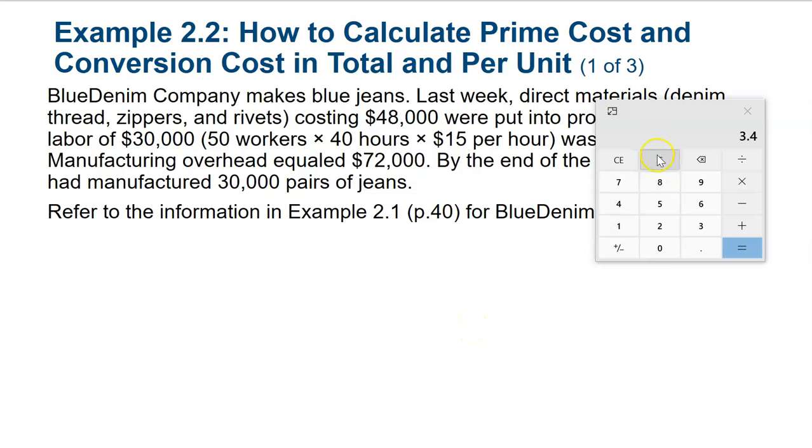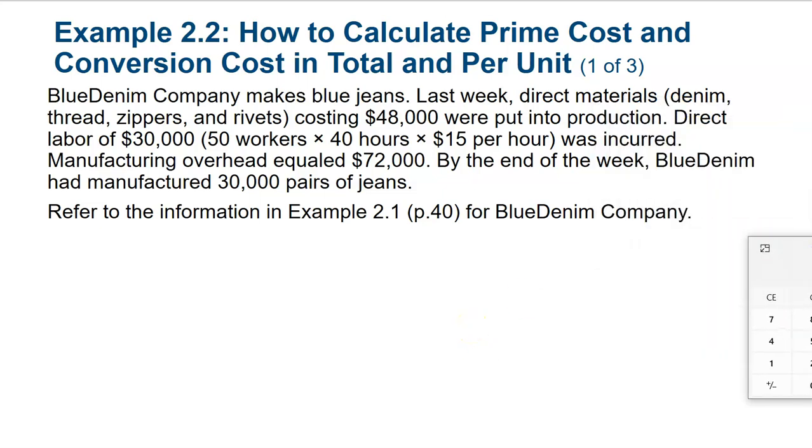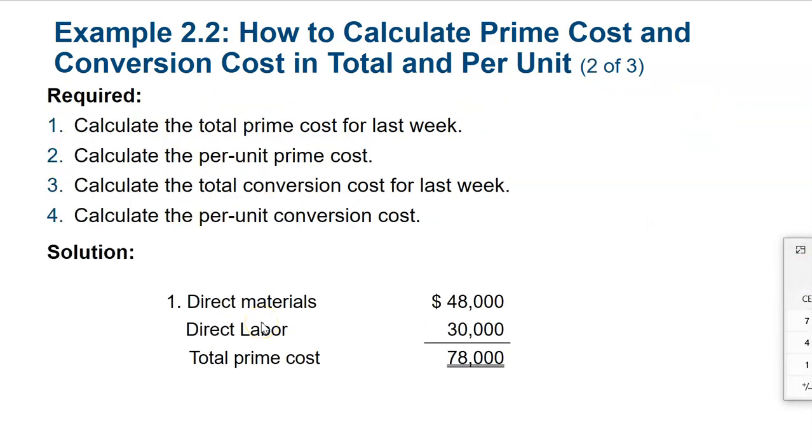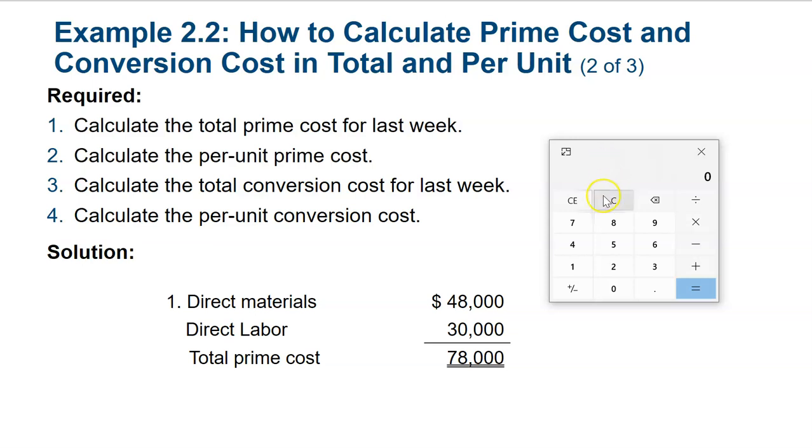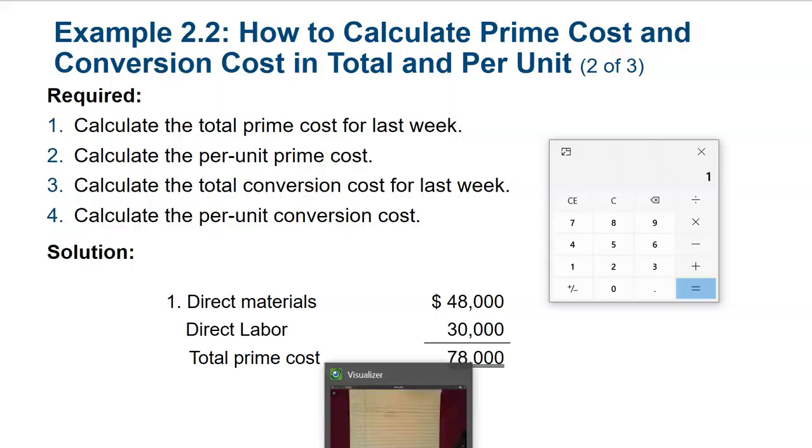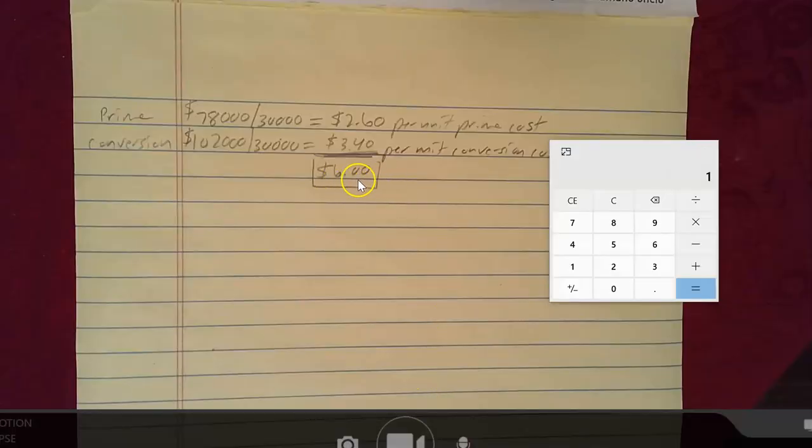Well, remember right here, this direct labor. We're counting that twice. So we counted direct labor as both a prime cost and a conversion cost, and 30,000 divided by 30,000 equals 1, and that's why we're at $6 here. We have an extra $1 in there.